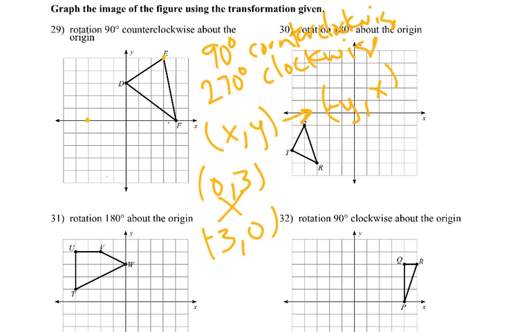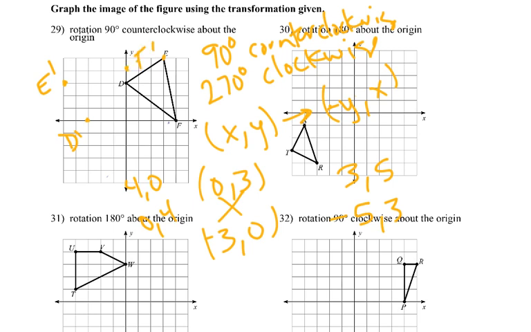So E is at 3, 5, so that's going to be negative 5, 3. So there's E prime. And finally F is 4, 0, so that's going to become negative 0, which is the same 4.